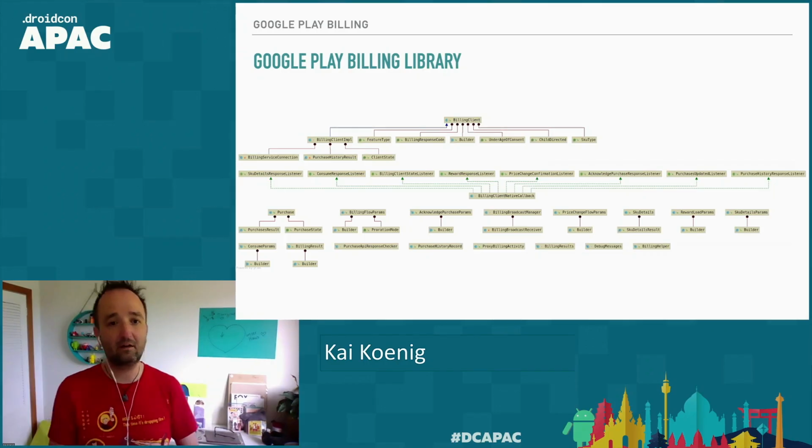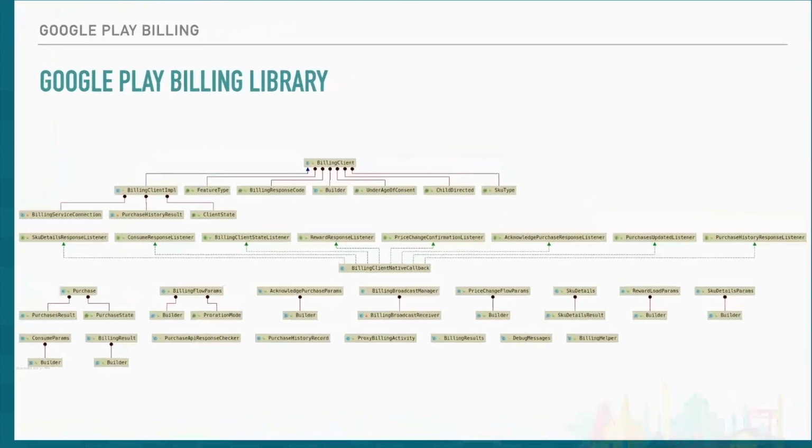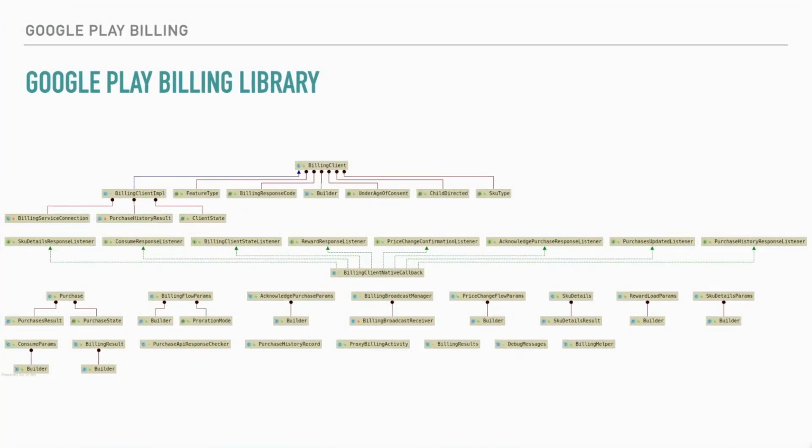The library itself is centered around a class called the BillingClient. The BillingClient is a setup that has a whole bunch of properties and is an abstraction layer to the underlying services. You can see the BillingClient here, some of its fields and subclasses.